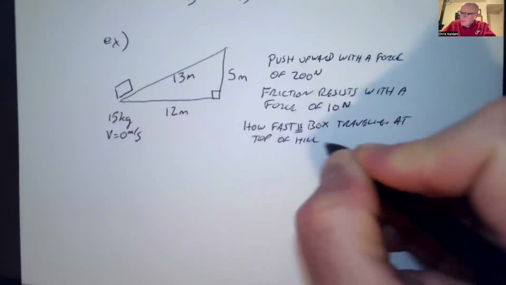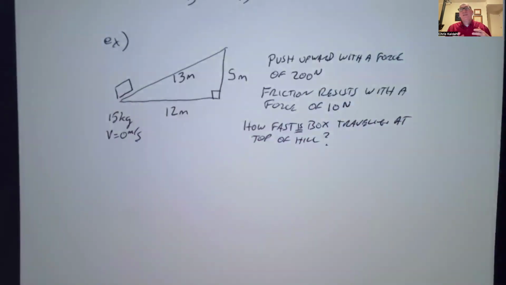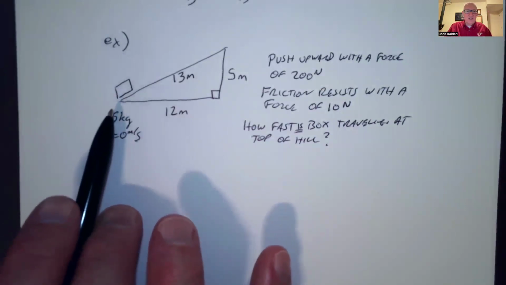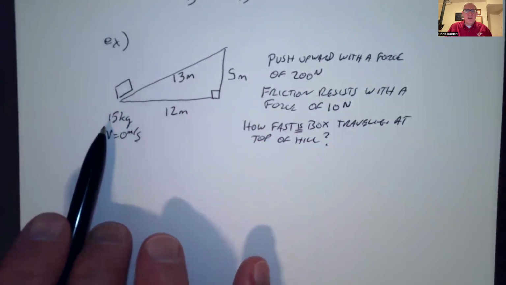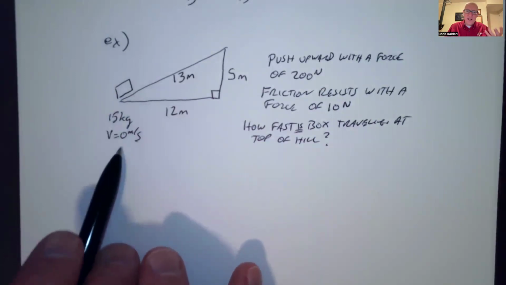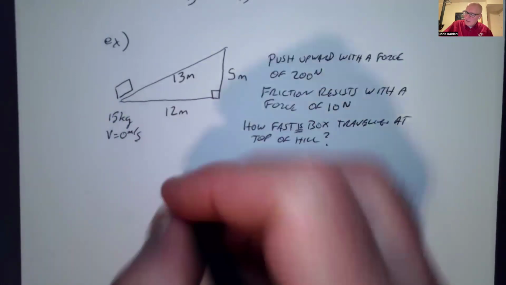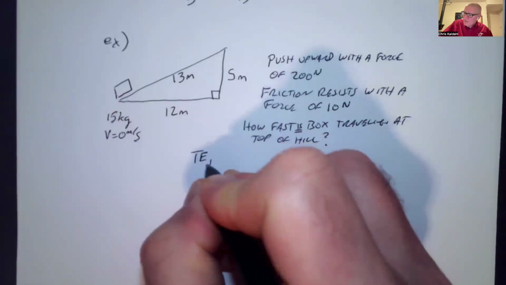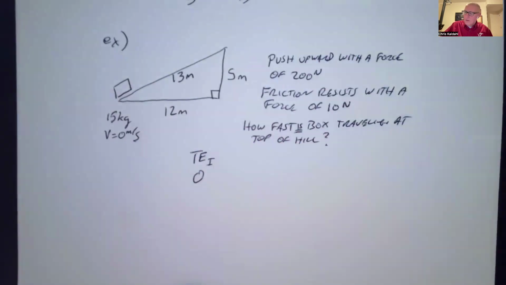So we've got some thinking to do, but the nice thing is we've done a lot of this thinking before. We do have some forces and distances, but we also have a lot of energy stuff going on. What type of energy do we have down here, where it's not moving at the bottom of a hill? So the total energy to begin with would be 0.